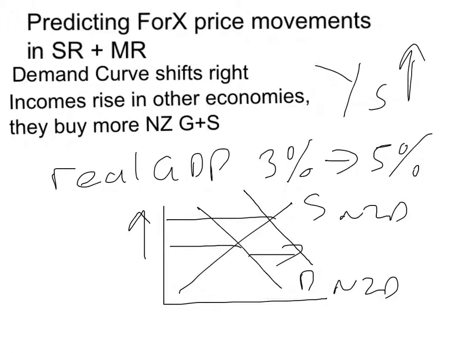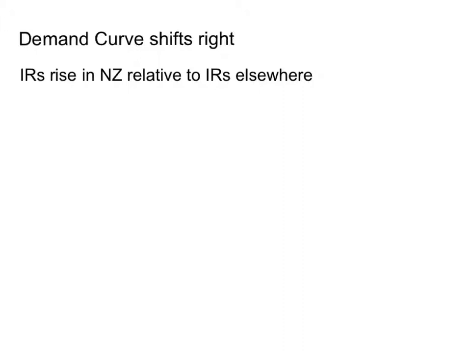Okay, changing page. This one here is talking about interest rates. Let's just say interest rates in New Zealand are 10%. And if we compare that with Australia, where interest rates are, say, 8%, where would you rather invest your money?